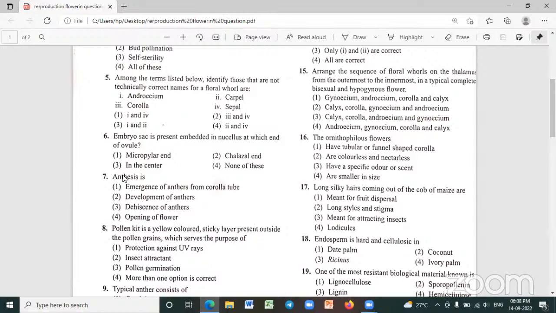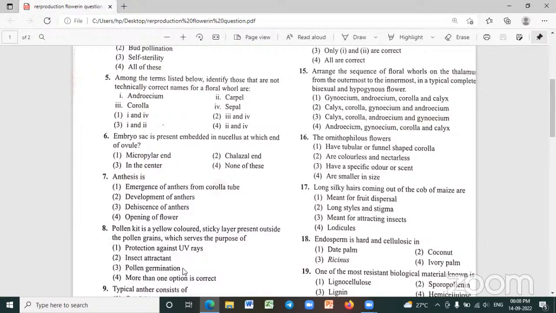Okay, anthesis. And the eighth one: pollen kit is a yellow colored sticky layer present outside the pollen grains, which serves the purpose of which one? Protection against UV rays, insect attractant, pollen germination. More than one option is correct.